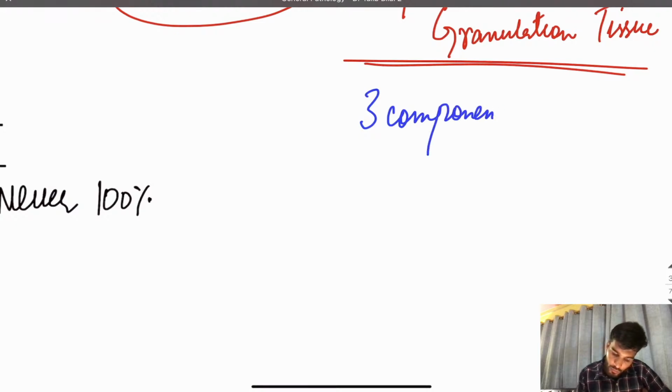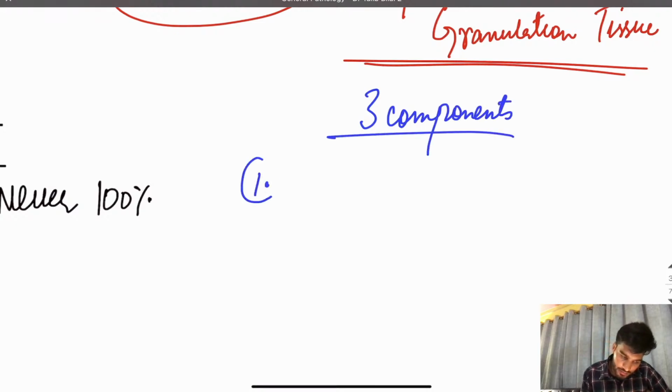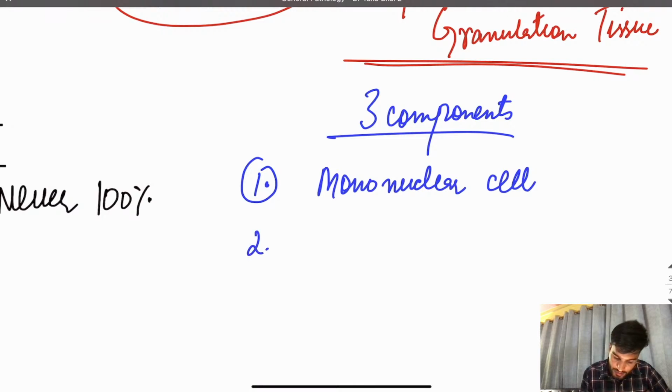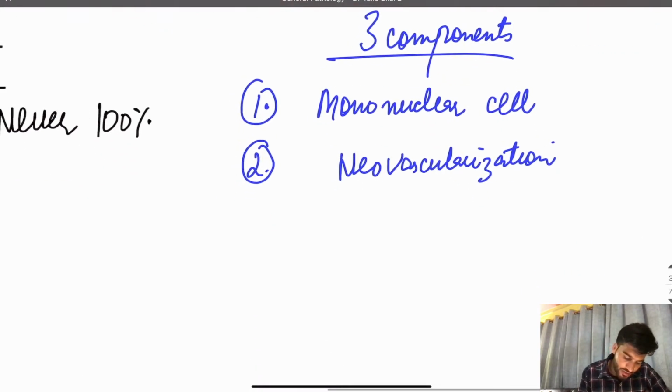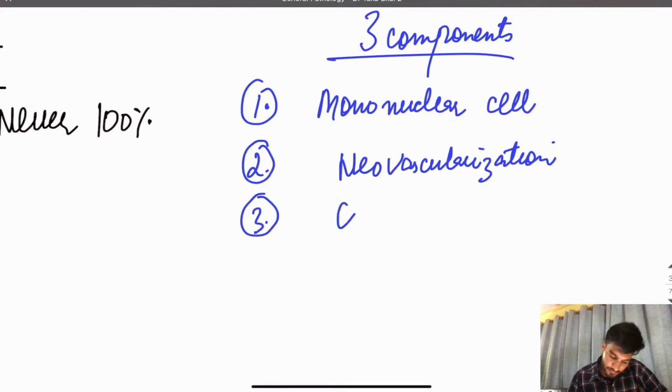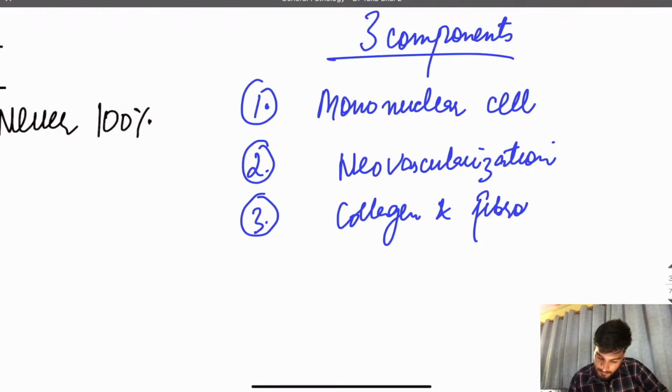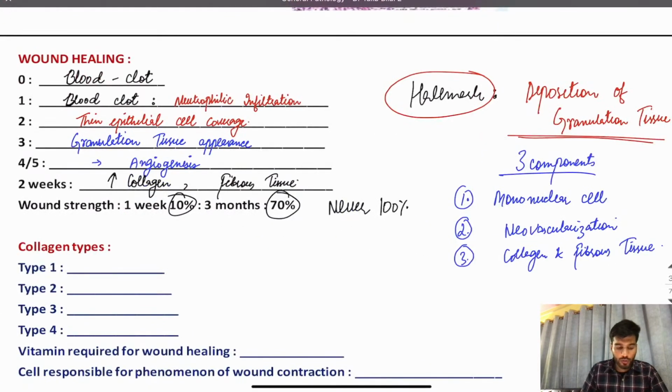Component number 1 guys, mononuclear cells. Second, there will be neovascularization, the same that we have written, angiogenesis. And third, collagen and fibrous tissue. Now the collagen types guys.